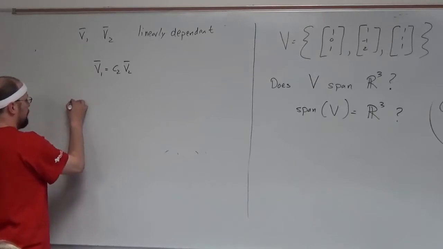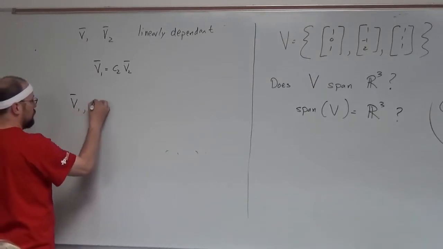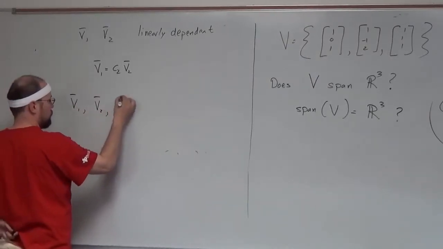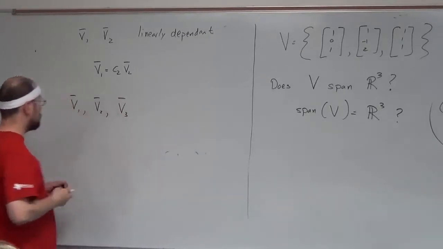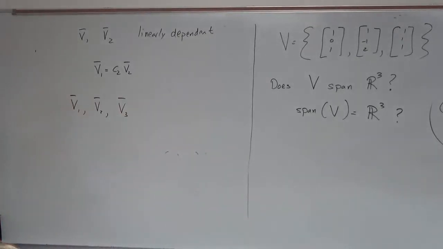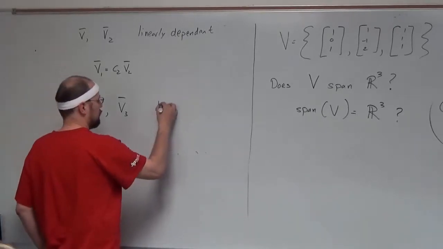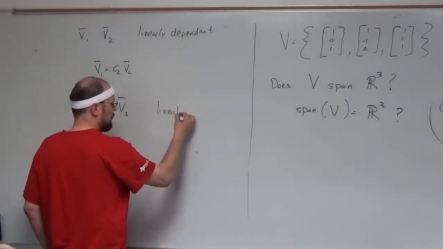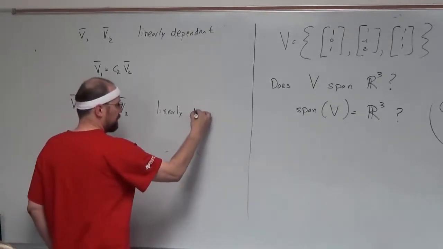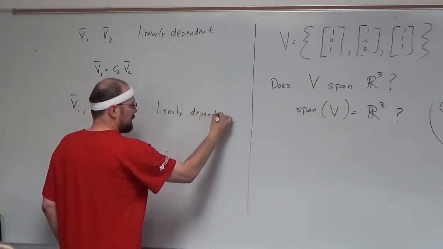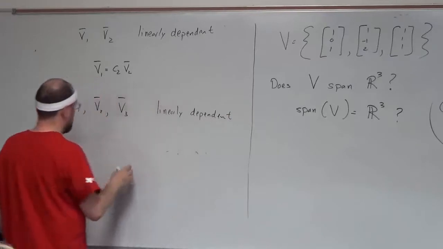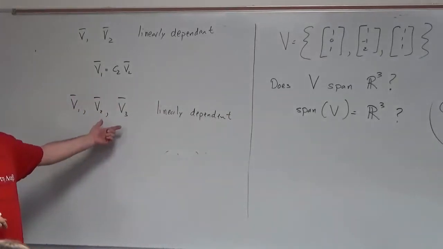And if you have three vectors, what would you mean by the three vectors being linearly dependent? Well, the intuition says that if they're dependent, then we can already express one of these vectors as a linear combination of the others.